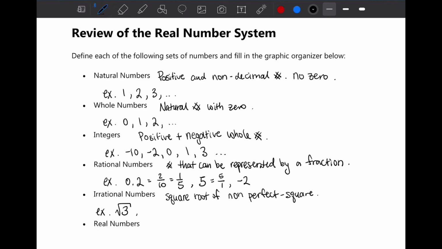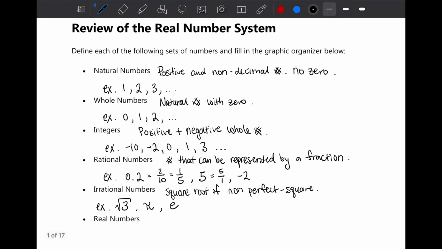Also, there's a very common example we use. We have pi. Pi has decimal places that does not repeat. It just goes on, and we cannot figure out the pattern. Also, another example would be a constant e. We might not be familiar with it yet, but we'll go over it later on.